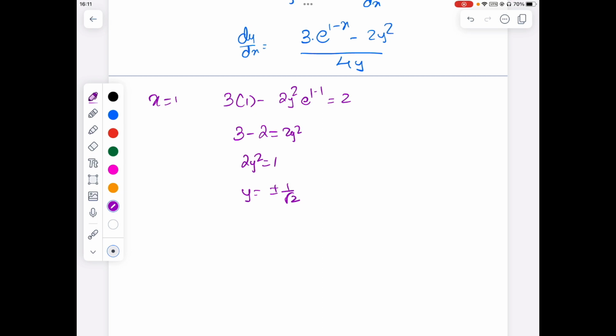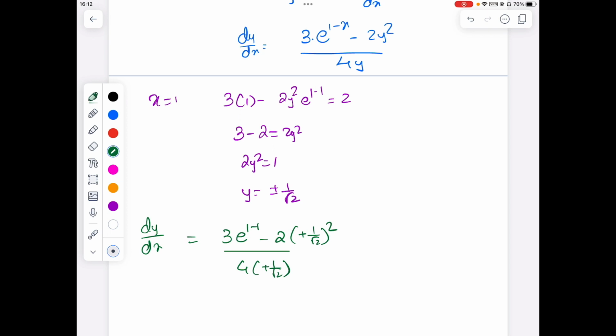So now I am going to find dy by dx, the slope at that particular point. Which is 3 e power 1 minus 1 minus 2 times, because it is y square, even though I take plus or minus 1 by root 2 does not make any difference at all, divided by 4y. When I simplify that, what do I get?